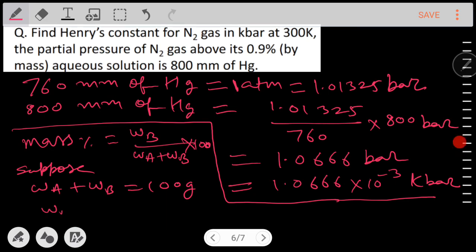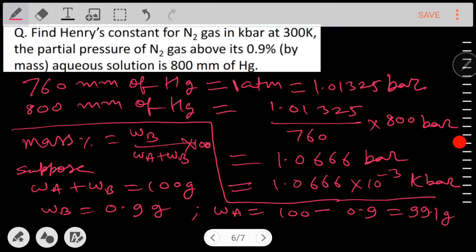Then Wb as per the question will be equal to 0.9 gram, and therefore Wa will be 100 minus 0.9, means 99.1 gram. So I have extracted the masses of solute and solvent in the solution from the value of mass percentage.